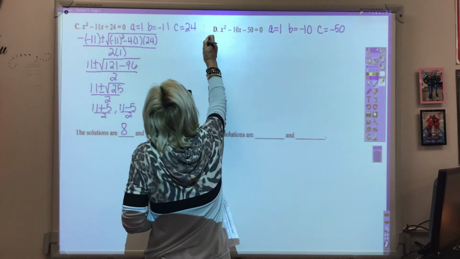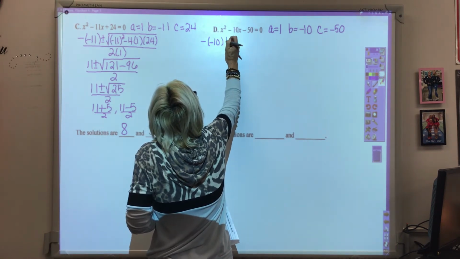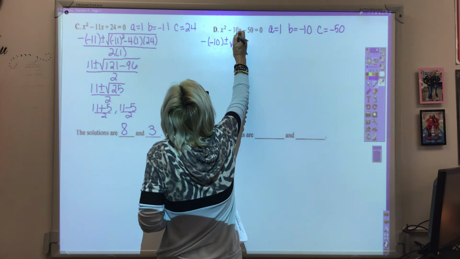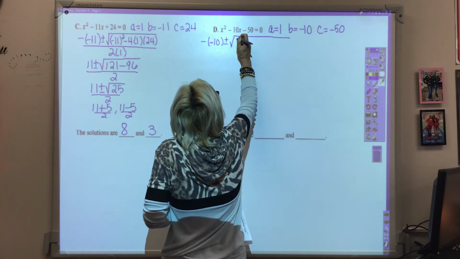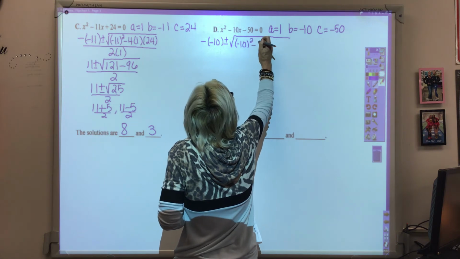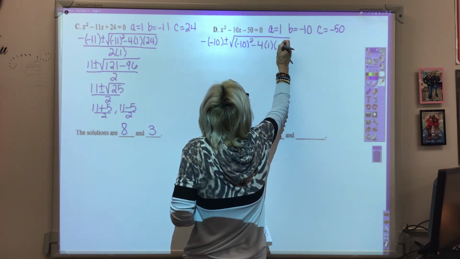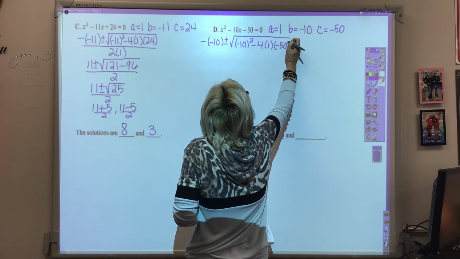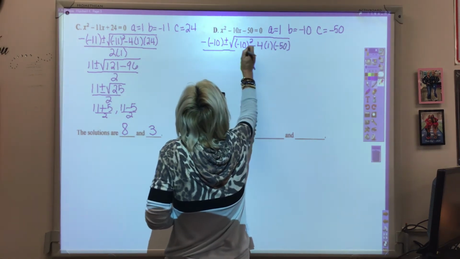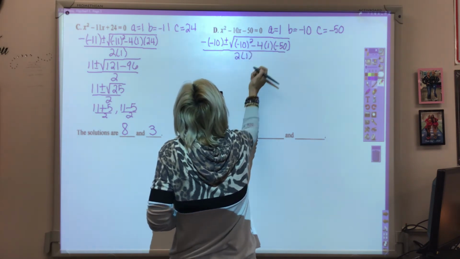We'll take the opposite of negative 10 plus or minus the square root of negative 10 squared minus 4 times 1 times negative 50, all divided by 2 times 1.